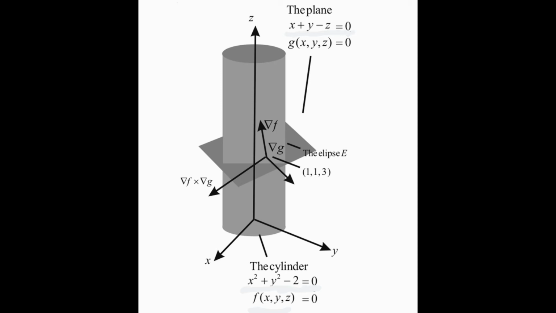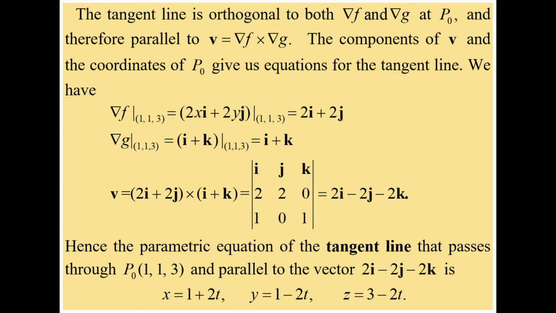Now, in order to find the line tangent to the ellipse, what we need is that the tangent line is orthogonal to both grad f and grad g at P naught. What is grad f? Grad f is the normal to the level surface given by the function f, and grad g is the normal to the level surface given by g.